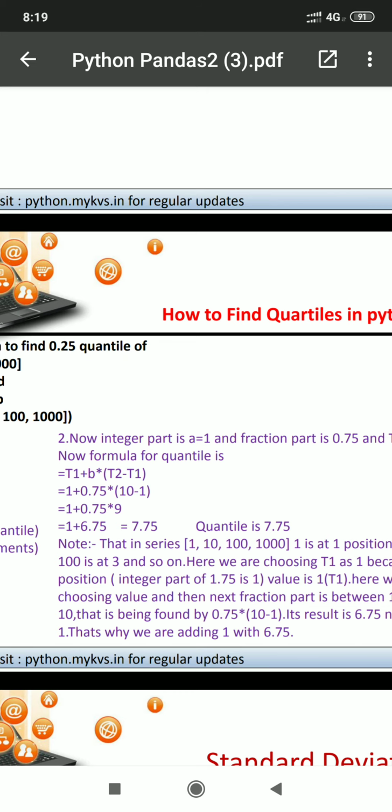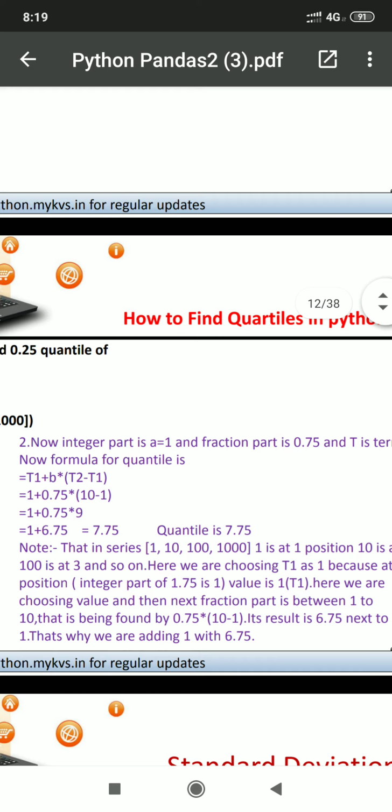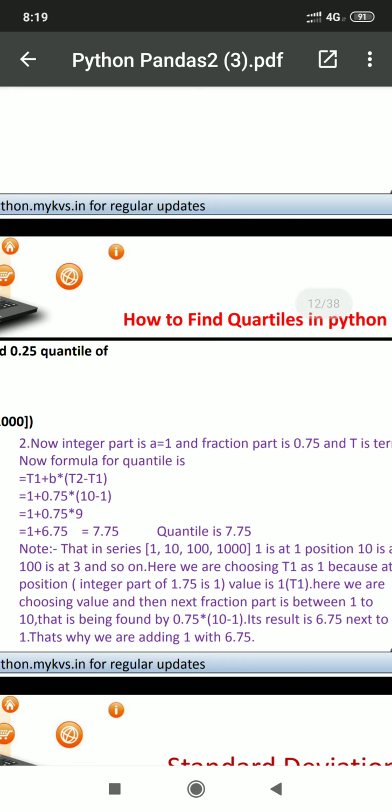The formula is this: T1 plus B multiplied inside the bracket by (T2 minus T1).